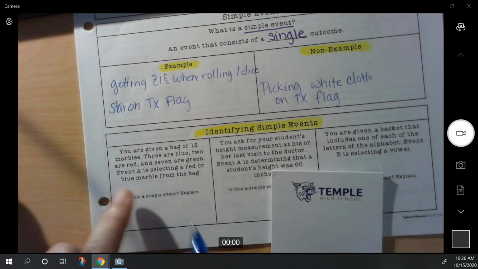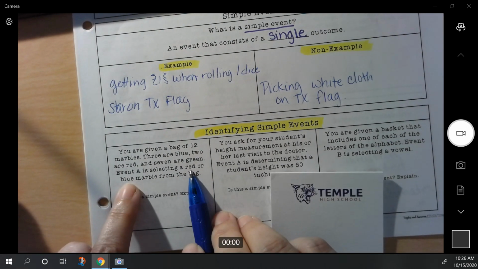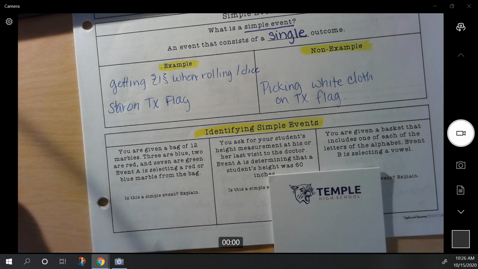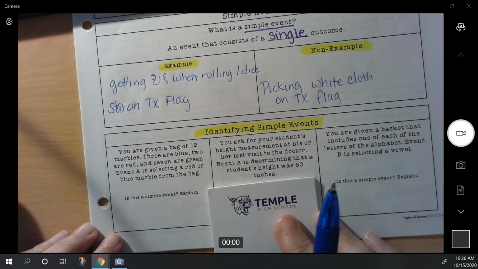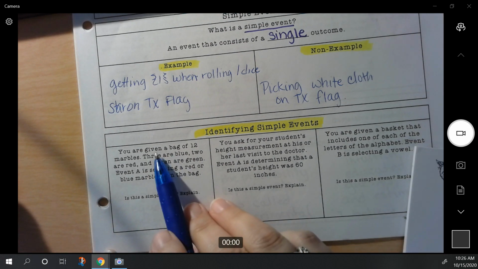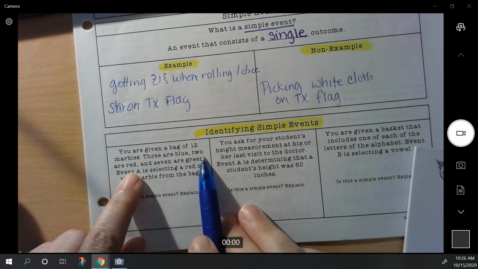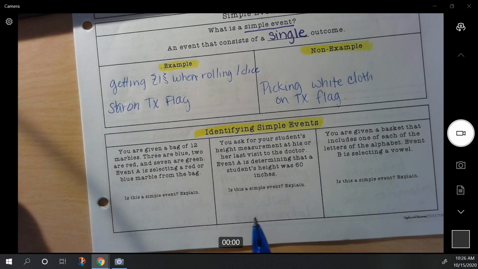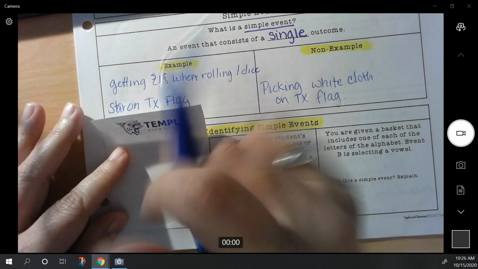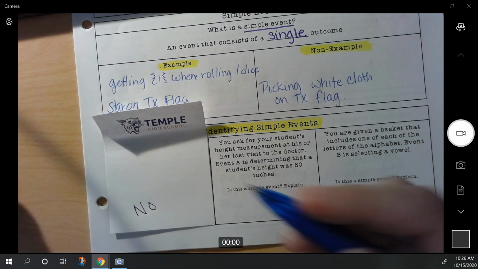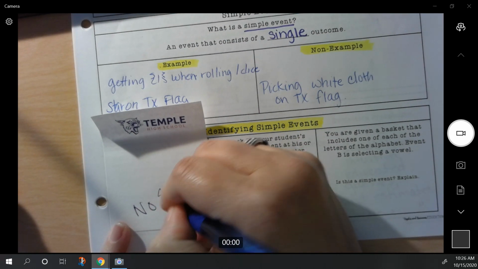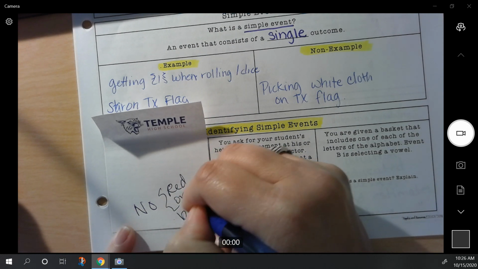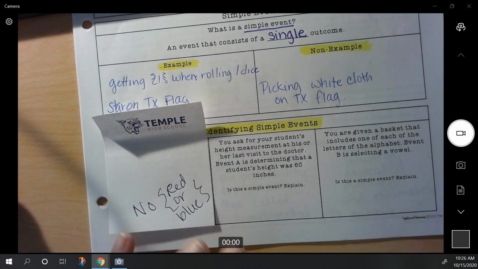So just from the fact that you have 2 possible choices as being okay, as good, means that you are not doing a simple event, because there are 3 blue in there and 2 red, and you have 2 potential choices. So this would be a no because of 2 choices, red or blue. So that is not a simple event.